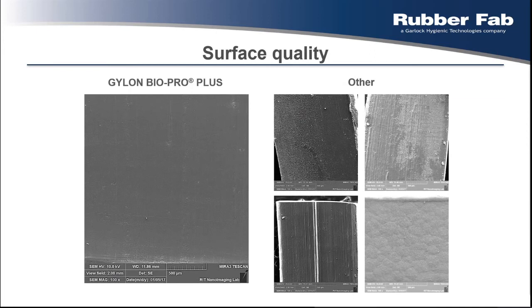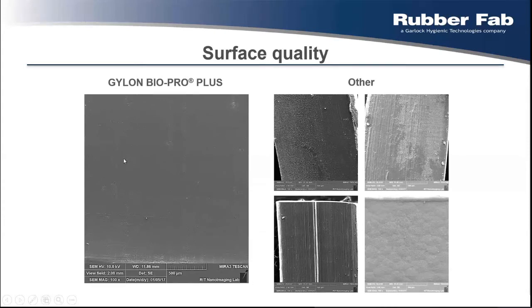Looking into this further, we also see that the surface quality of GYLON Bio-PRO Plus is a lot smoother. You can see again the scanning electron microscopic pictures here. We have the ones that we have seen already before from other common gasketing materials, and quite big next to it, so you can see the difference, the GYLON Bio-PRO Plus surface with the same magnification, of course.